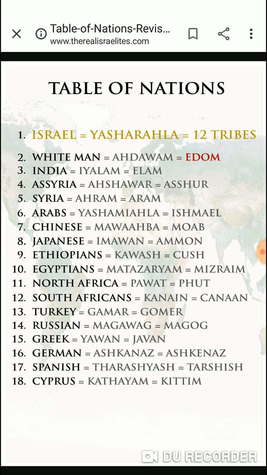So this is a chart that when I was new to the truth, I used as a profile pic on Facebook, and I shared it with brothers and sisters and friends. And there's an understanding with these terms.